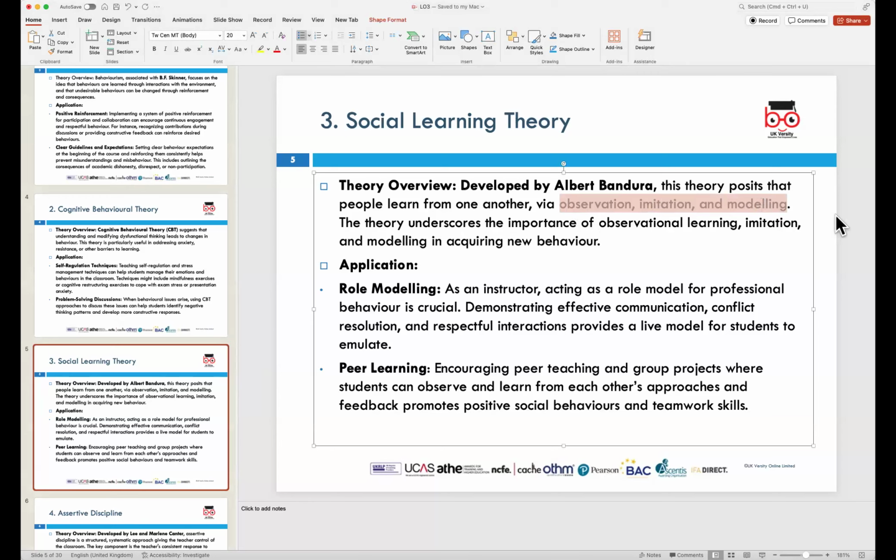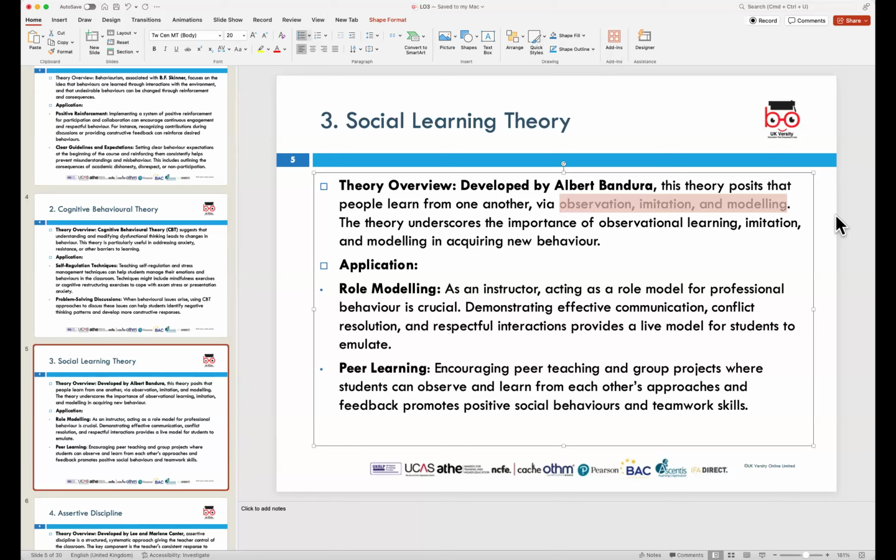His theory is also a bridge between the behaviorist theory and the cognitive learning theories, because it encompasses things like attention, paying attention, grasping things related to memory and retention, and how motivated learners are to stay in that class or in that activity.